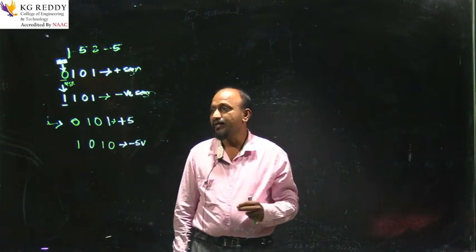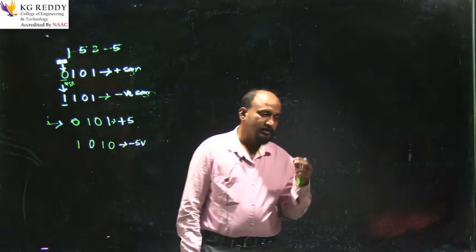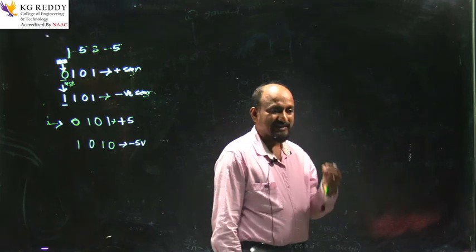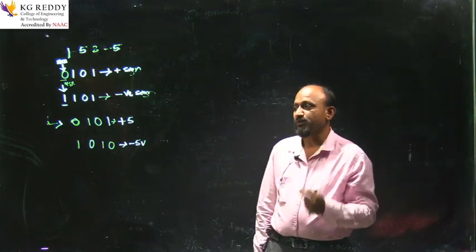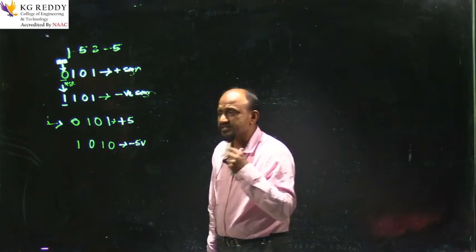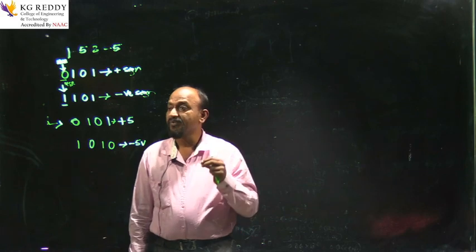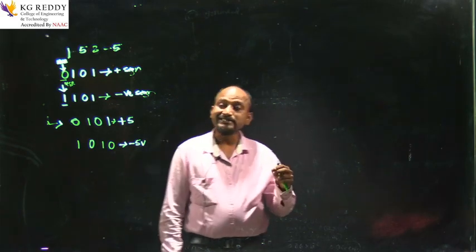Based on that, in the binary number system we have two characters, so the base is 2, and there are two types of complements: 2's complement and 1's complement. The application of complements plays a major role in digital systems.